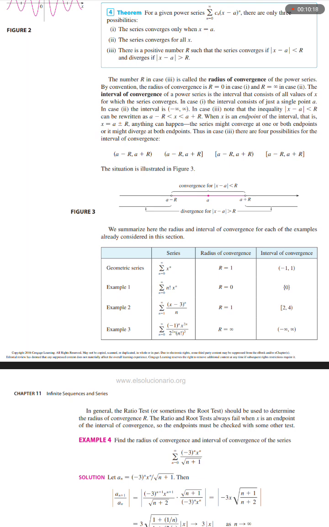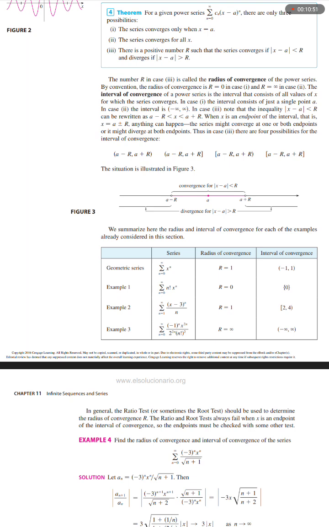In example 3, the series is the sum from n equals 0 to infinity of (-1)^n x^(2n) over 2^(2n) (n factorial)^2. The radius of convergence is R equals infinity, and the interval of convergence is from negative infinity to infinity.